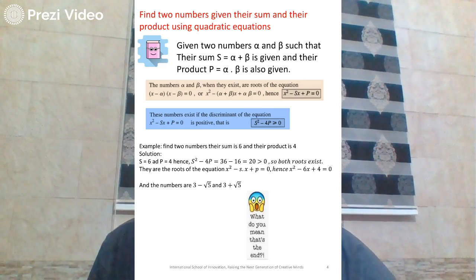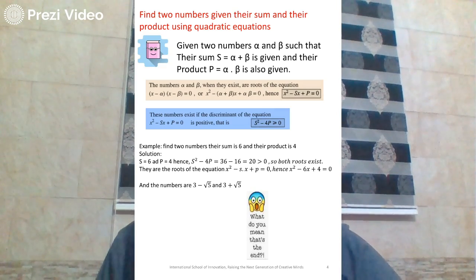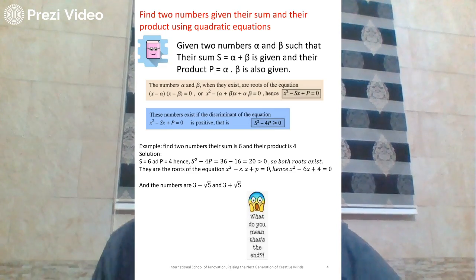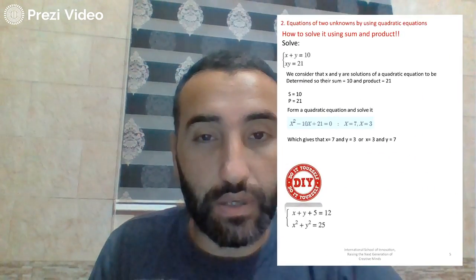Then we solve the equation x square minus sx plus p equal to 0, meaning x square minus 6x plus 4 equal to 0, and we get the two numbers, and that was the idea.